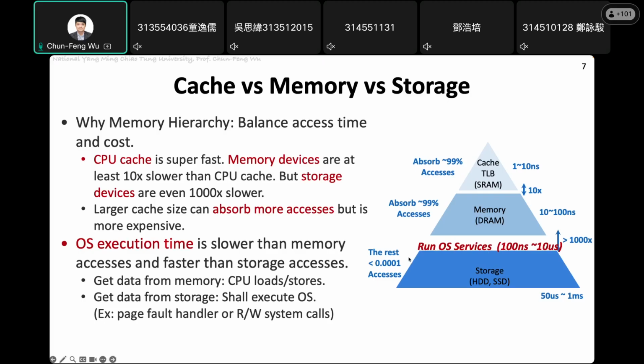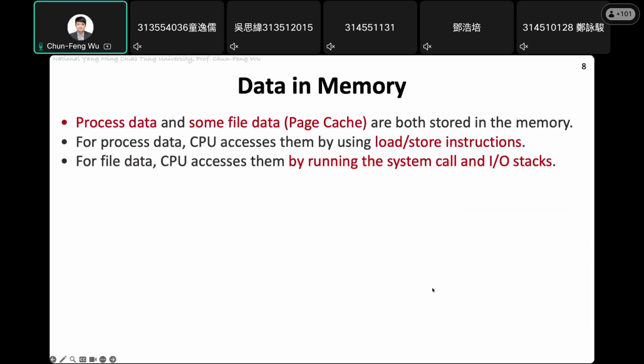There is a thing called the file system. With the file system, the CPU can use a system call to access the storage device, and then the system call will trigger the operating system to run the file system. So actually there are two very different paths for accessing data in the memory or in the storage device.